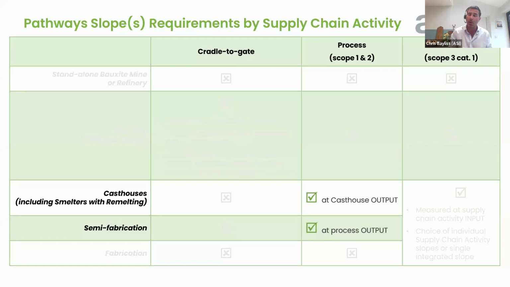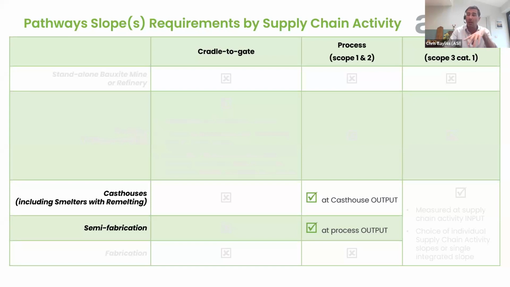That's important to note. For cast houses, the input value and the output value is going to be, in terms of tonnage of material, kind of the same. Even in terms of intensity, it's going to be kind of the same because the denominator is pretty much the same. What goes into the cast house comes out of the cast house as a product.